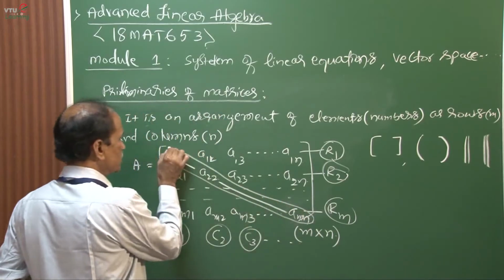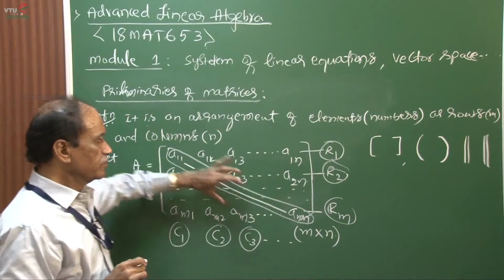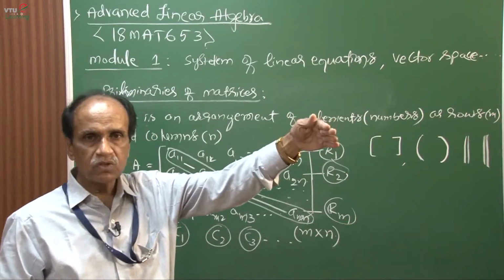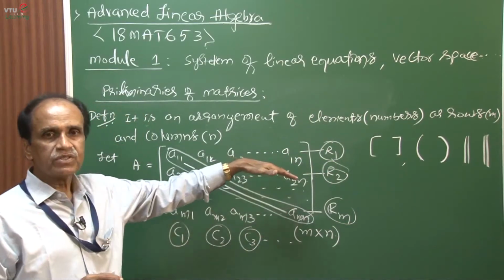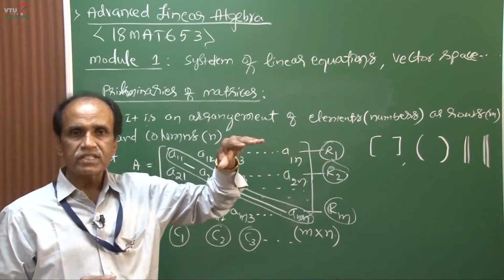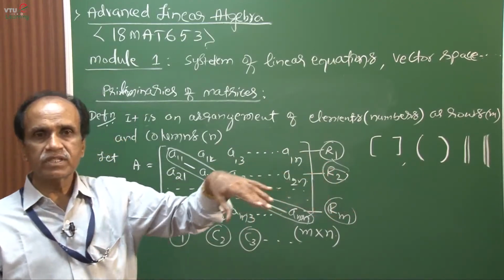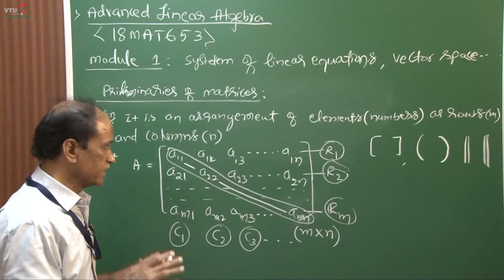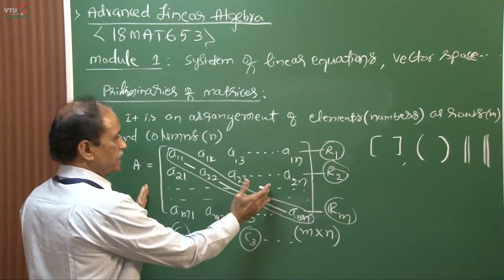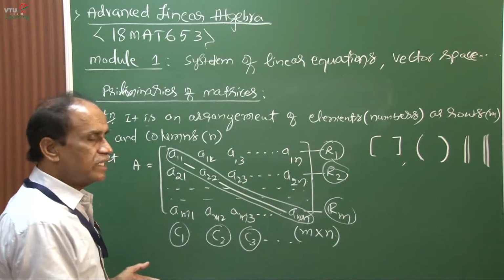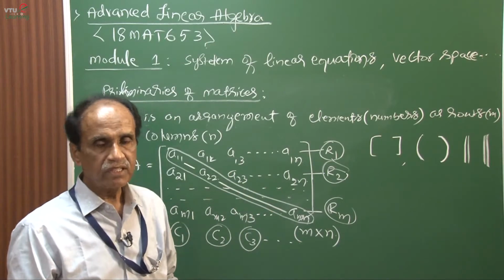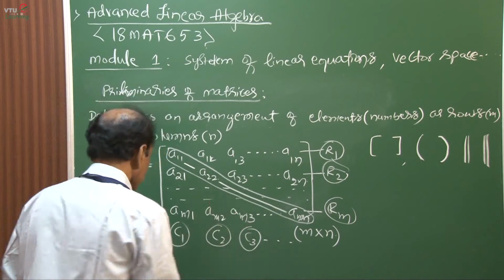With the principal diagonal, above and below it, we define two types of triangular matrices: one is the lower triangular and the other is the upper triangular matrix. The related definitions we are going to define one by one after this.